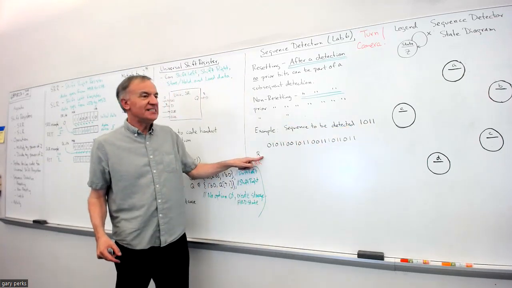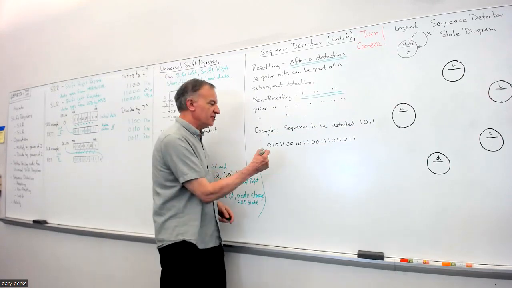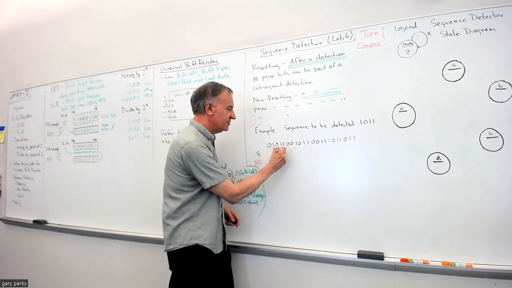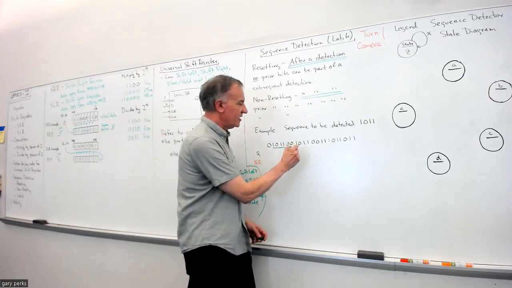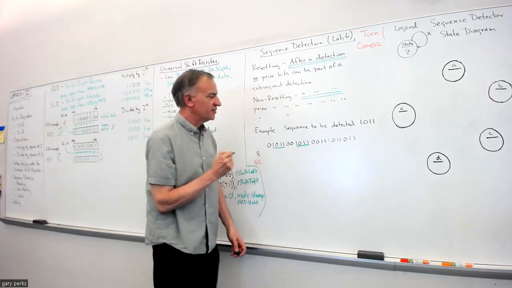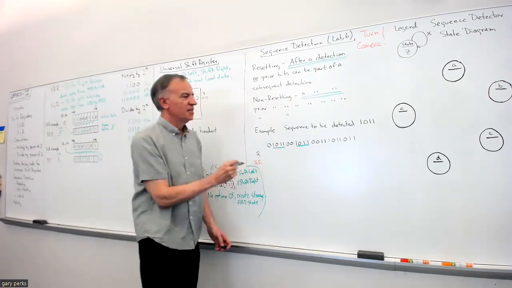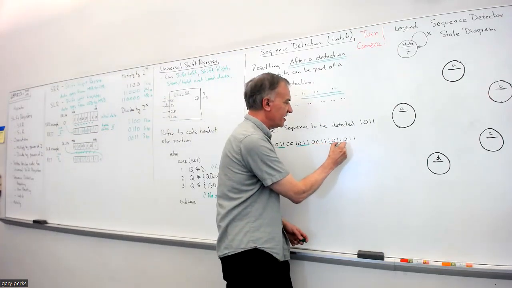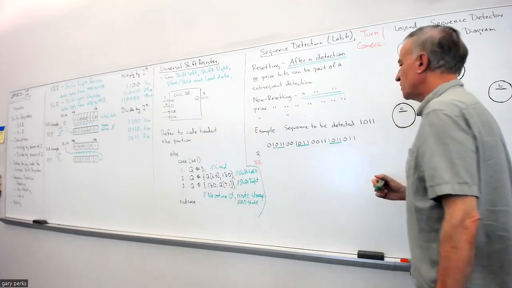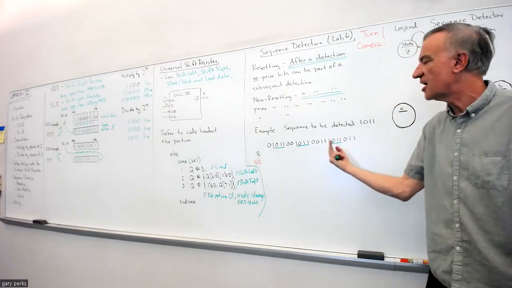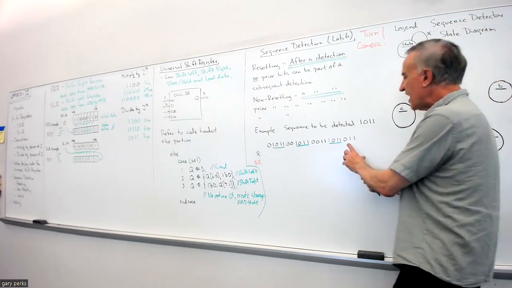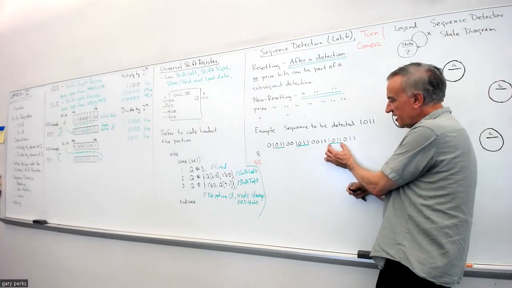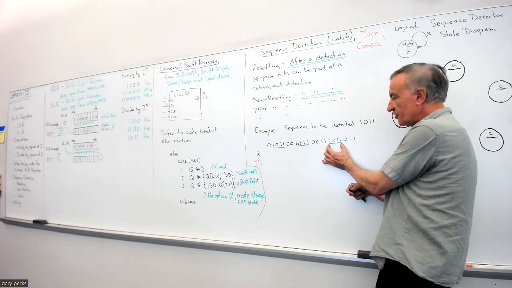If it's resetting, you'll get a detection here, 1011. You'll get a detection here, 1011, because all these detections do not involve prior bits of a detection. But now, when you get right here, here's our 3rd detection of this sequence.